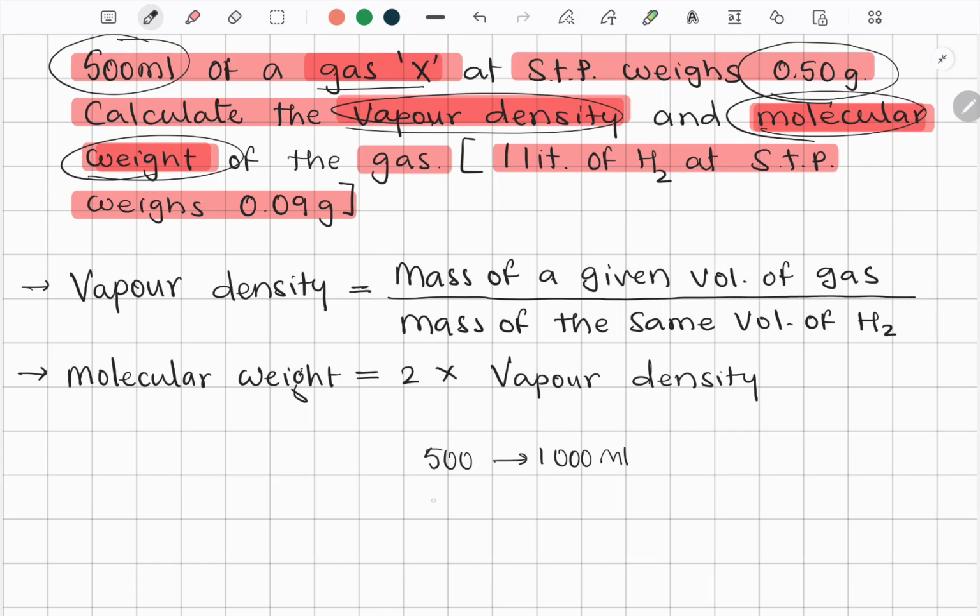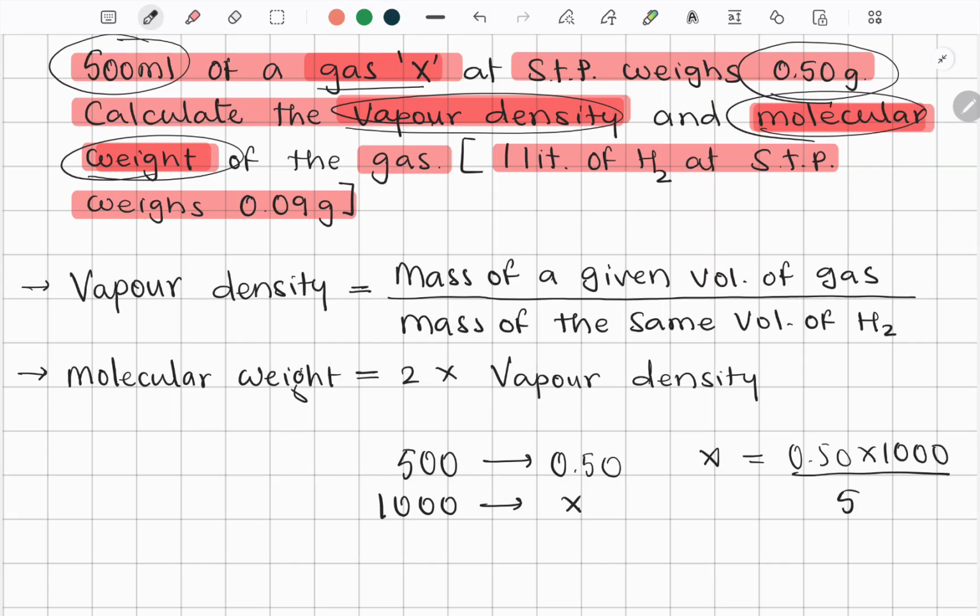Now at 500 ml we have weight 0.50. So what would be the weight at 1000 ml? Let's have a look. If 500 ml is weighing 0.50, then at 1000 ml it should be X. So X is equal to 0.50 into 1000 divided by 500.